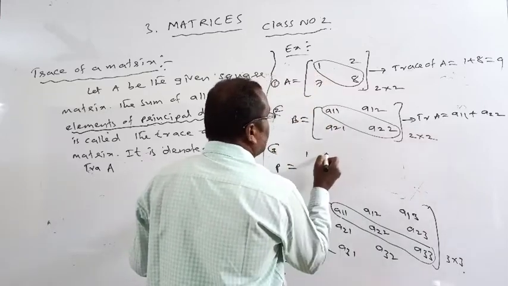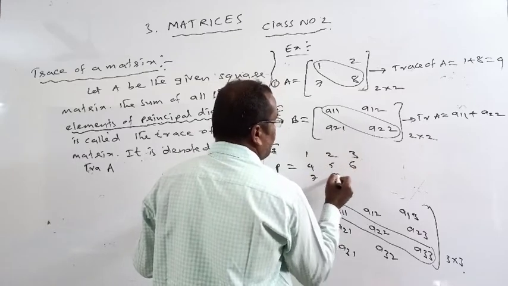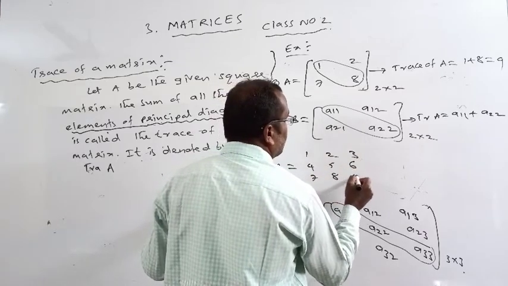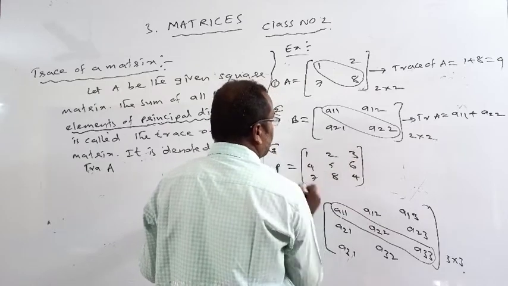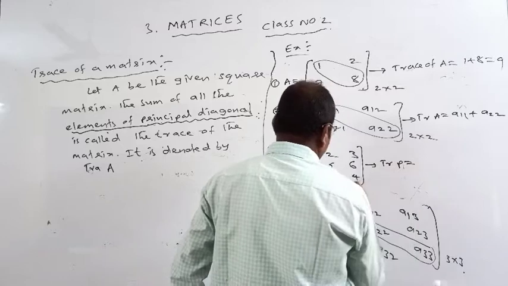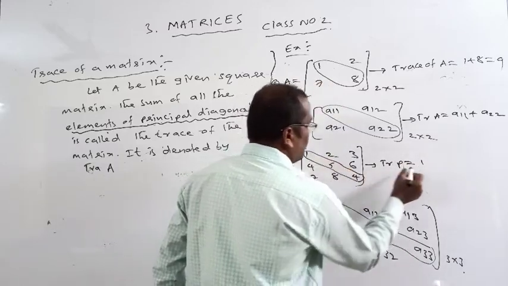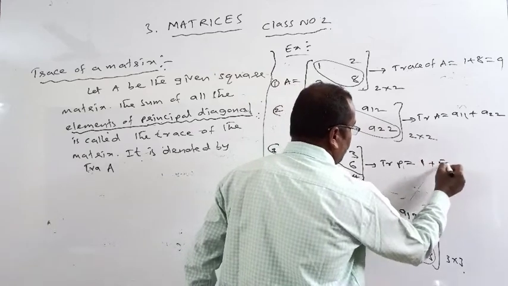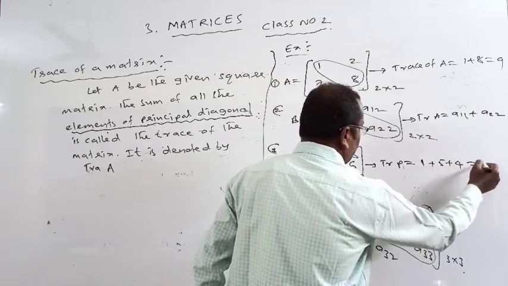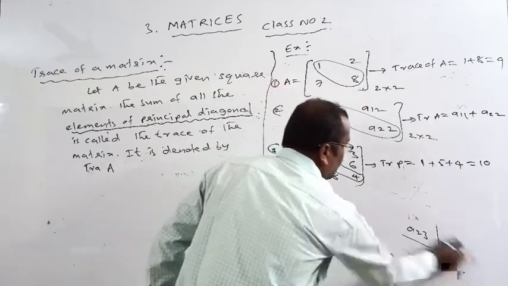For example, 1, 2, 3, 4, 5, 6, 7, 8, 4. Here trace of P is the principal diagonal sum: 1 plus 5 plus 4. The answer is 10. What about the next example?